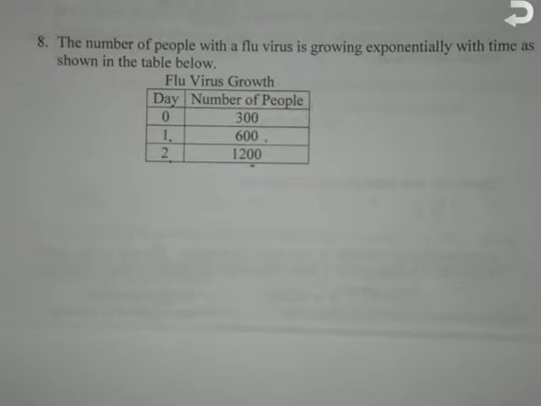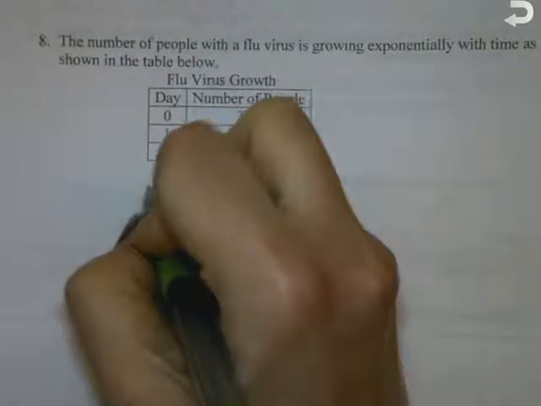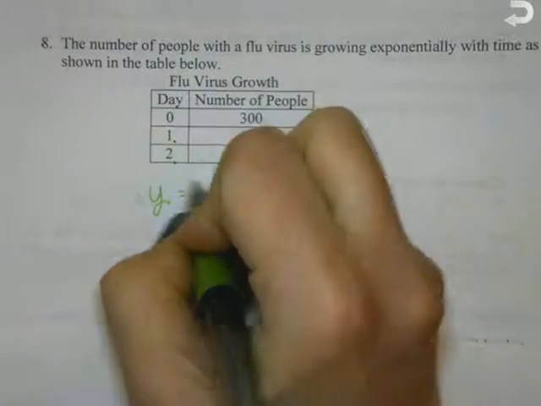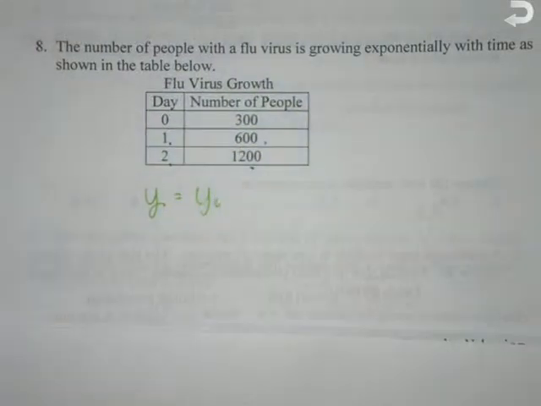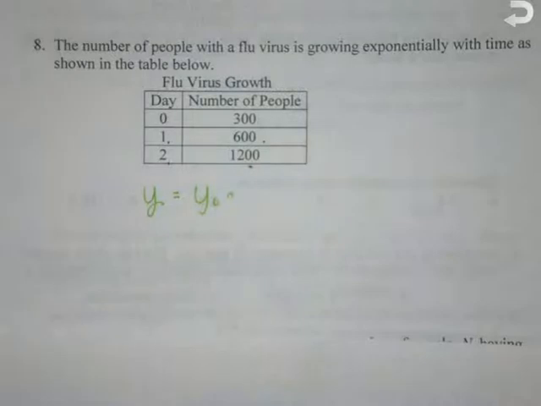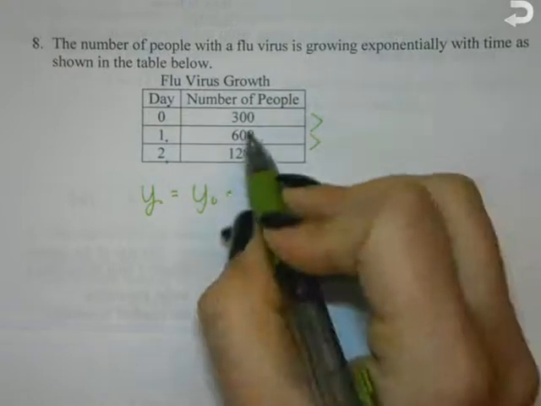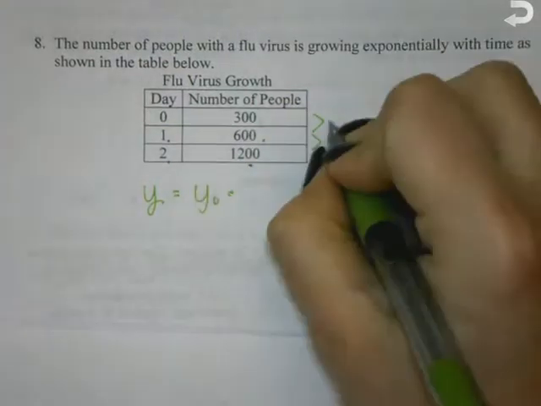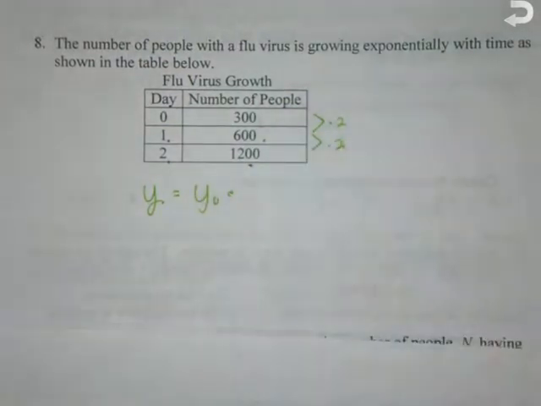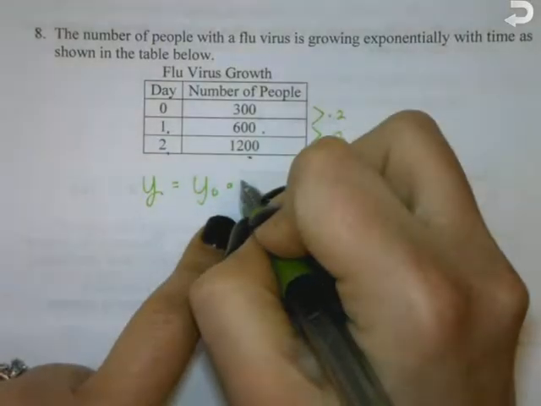Yeah, it's always going to be the amount you end up with equals the amount that you start with, y sub 0, times either 2 or 1/2. It just depends. If you guys notice, what's happening every single time, every day? It's doubling, right? So if we are growing exponentially by doubling, your base of the exponent is going to be 2.